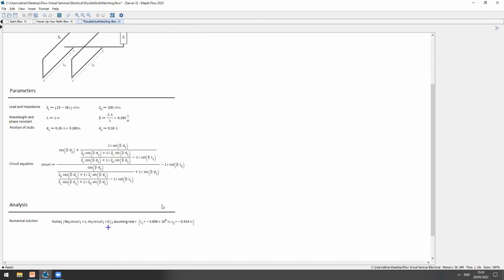So what we probably need to do is give the numerical solvers a nudge in the right direction with guess values or initial values to start working with. So we're going to guess that L1 is about 0.1 meters, and L2 is about 0.1 meters as well.